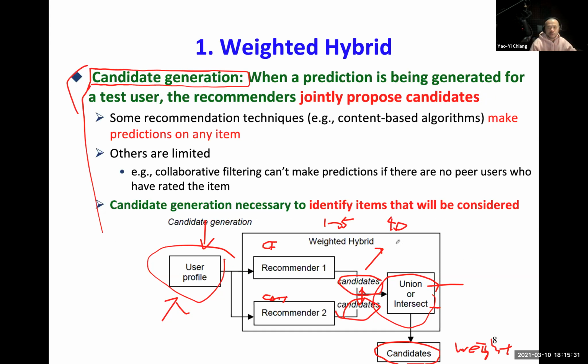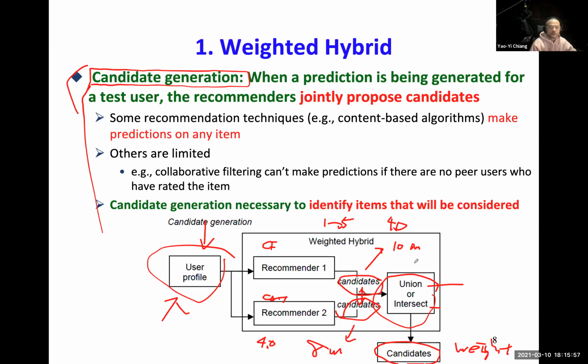So this first list will have, let's say, 10 movies. And the second is content-based, and content-based also will use the same threshold, 4.0. The second recommendation system generates a list of, say, 8 candidates, 8 movies.